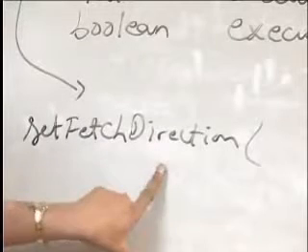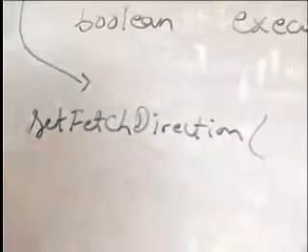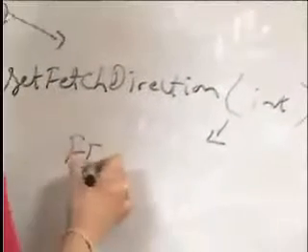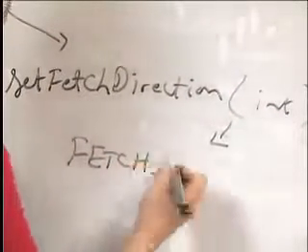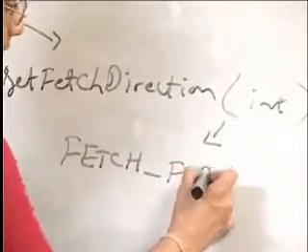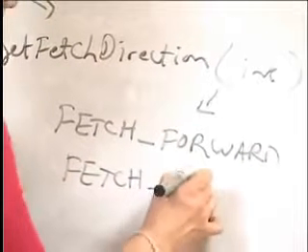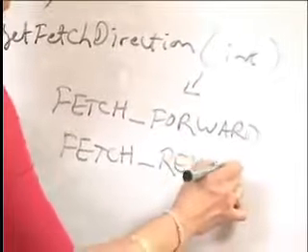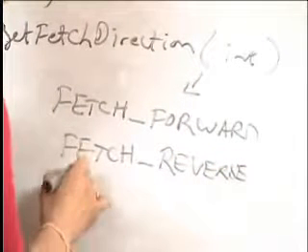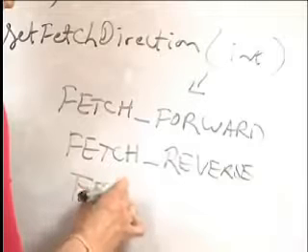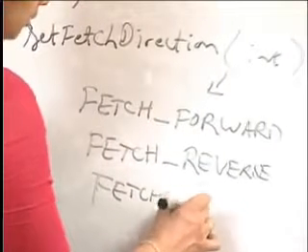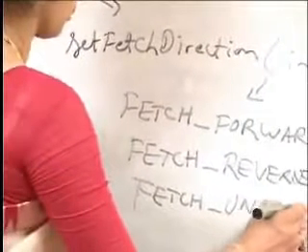There are constants in the ResultSet interface, they are called FETCH_FORWARD, FETCH_REVERSE, and FETCH_UNKNOWN.